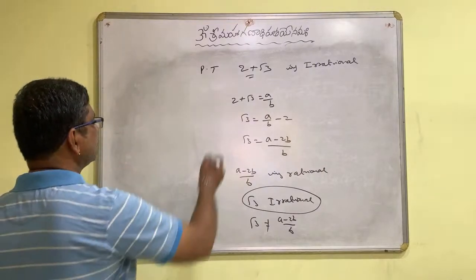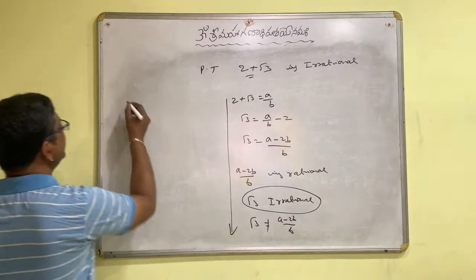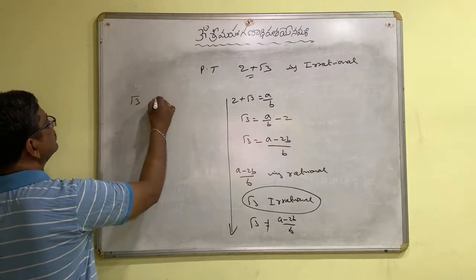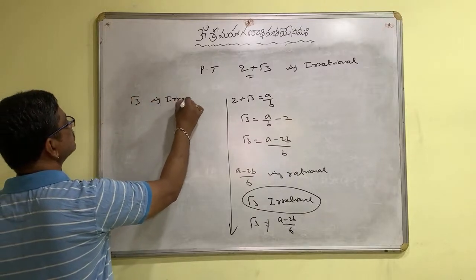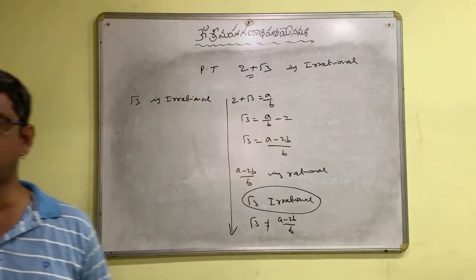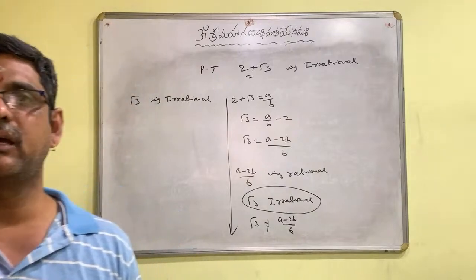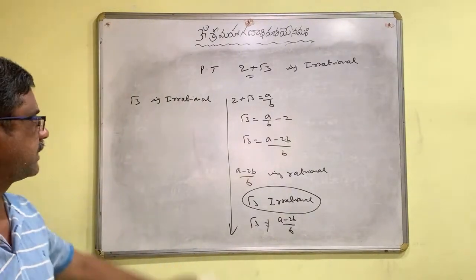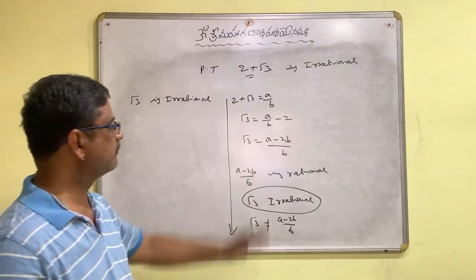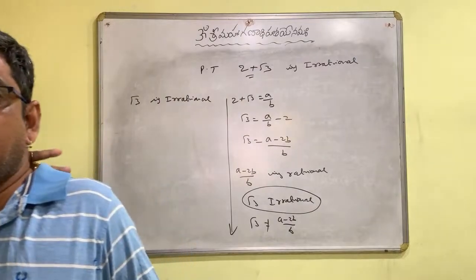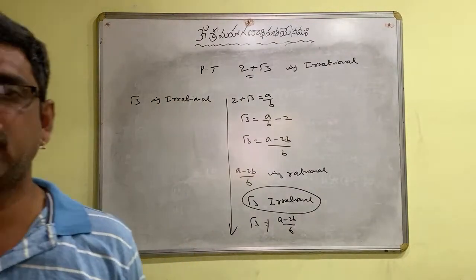Before doing all this, we first need to prove root 3 is irrational. After proving that, then we have to do it like this. Understood, children?